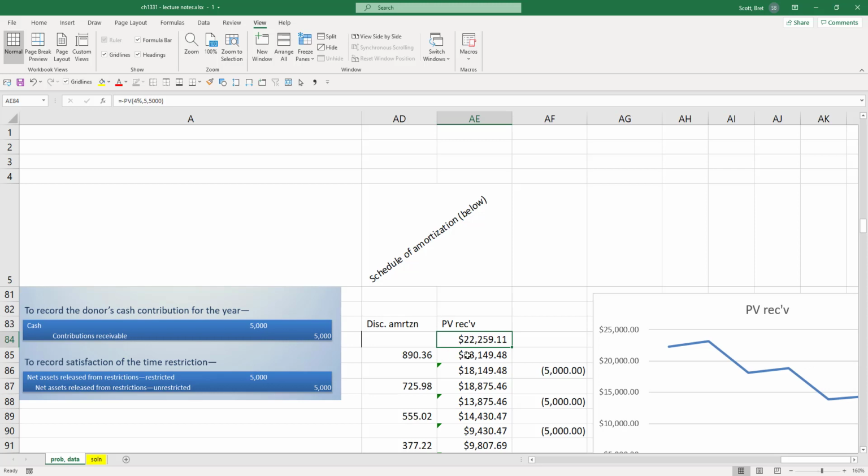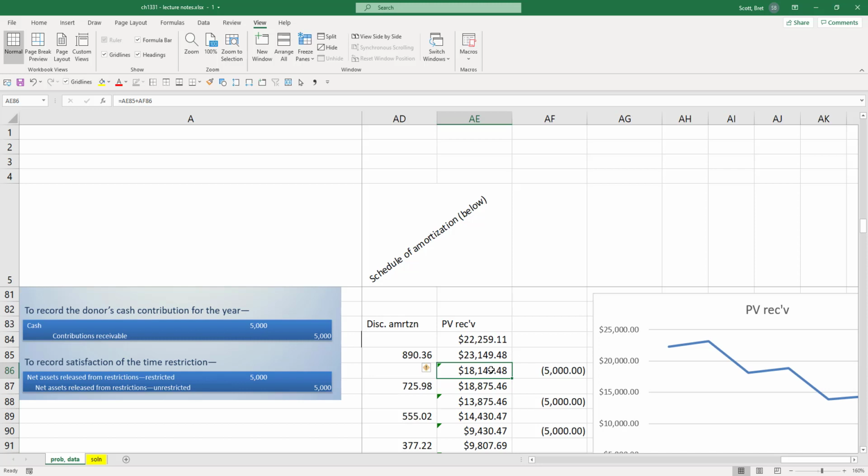As 1 year goes by, we've earned essentially $890.36 on that potentially contributed amount. That brings up the present value of that total receivable to $23,149. Then we collect $5,000. Once we do, the overall balance of the receivable goes down by that full amount, $5,000.